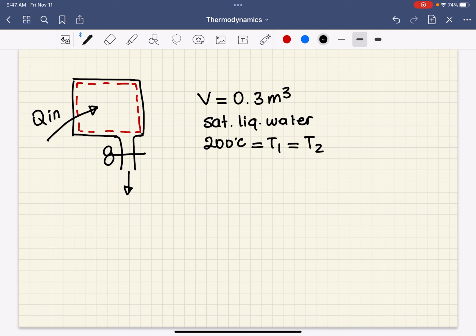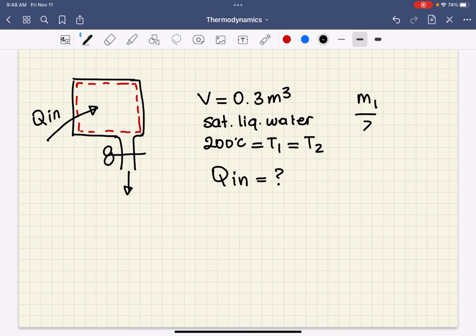Now the question asks, determine the amount of heat that must be transferred by the time 1/2 of the total mass has been withdrawn. So they're asking us to calculate the heat interaction by the time 1/2 of the total mass has been withdrawn. That means the first state has a mass of m1, right?